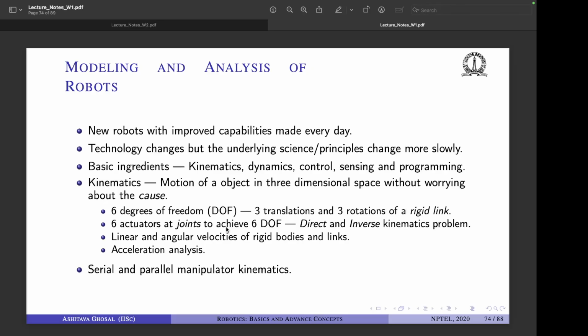So once we have that understanding, now we can move on to understanding the maths of these systems and how to describe them mathematically so that we can derive their equations of motion and develop control laws and control how these robots can move and finally be used for some applications.